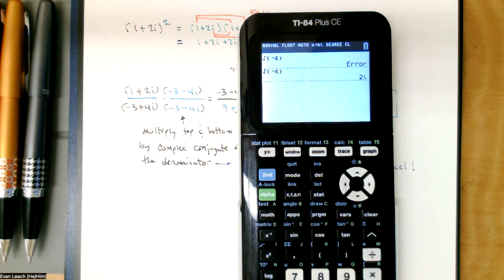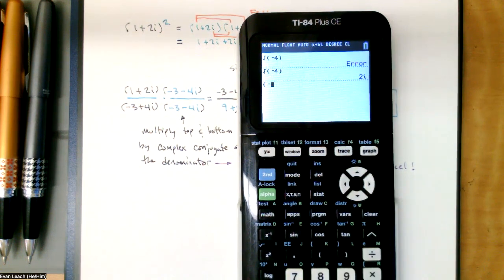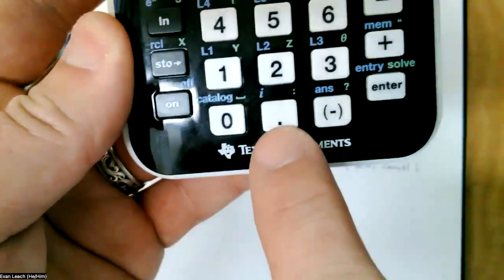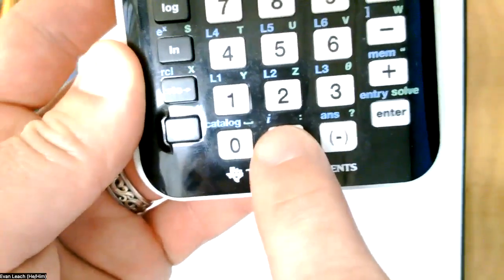Now, if I want to multiply some complex numbers, like if I want to say 1 plus 2, I need an i. So notice that above the decimal point is where we find i. That's its second function.